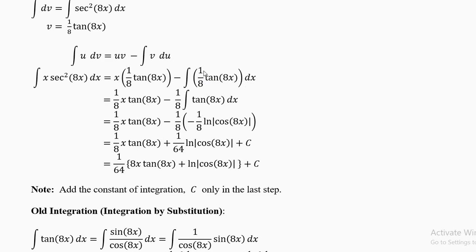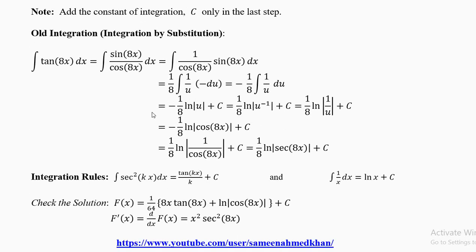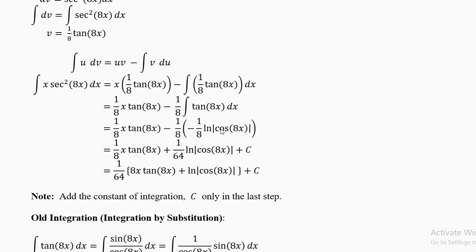Now this 1 by 8 will go out and it is integration of tangent 8x dx. Now integration of tangent is minus 1 by 8 ln cosine 8x with the absolute value. We have seen it before, and those who want to recall it can read it from here in the margins. Open the bracket, minus 1 by 8 into minus 1 by 8 is 1 by 64.